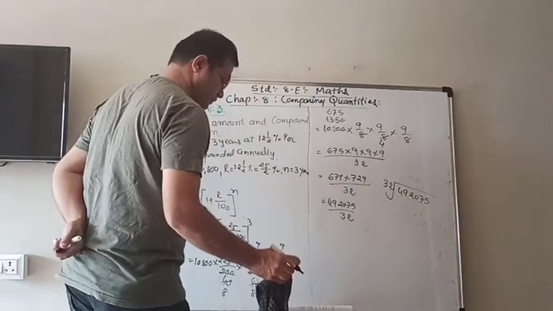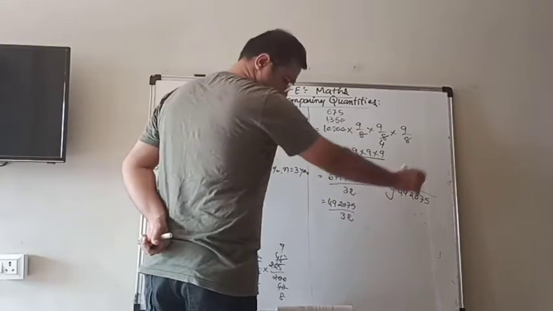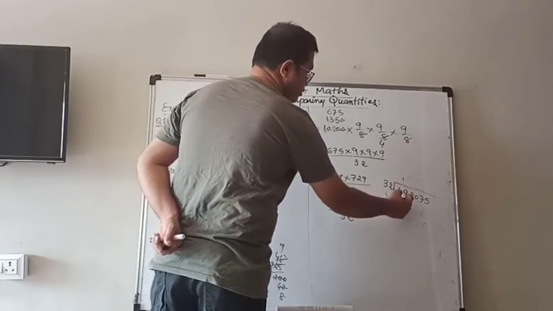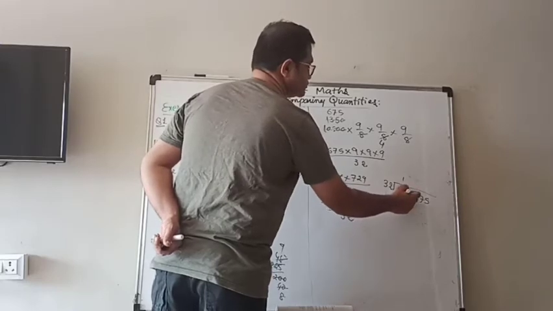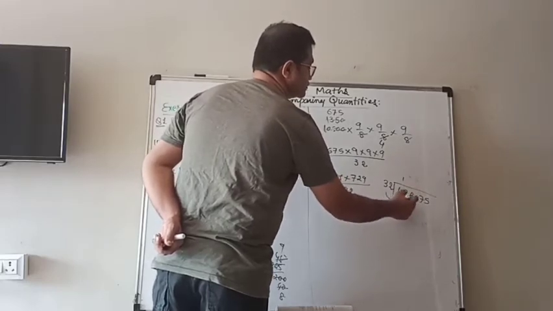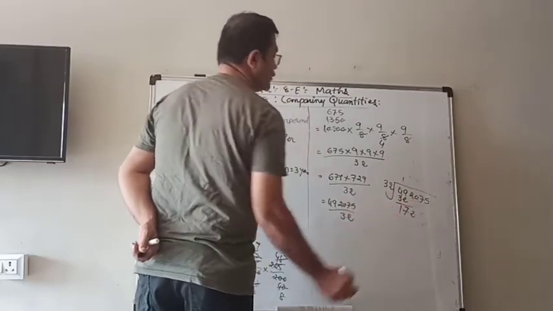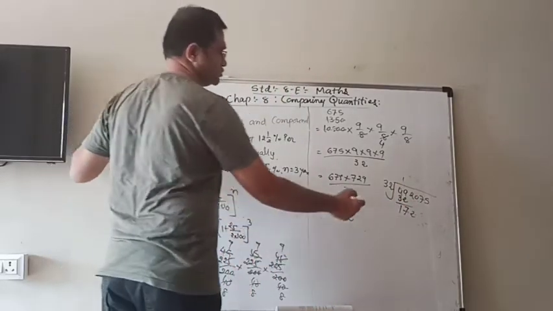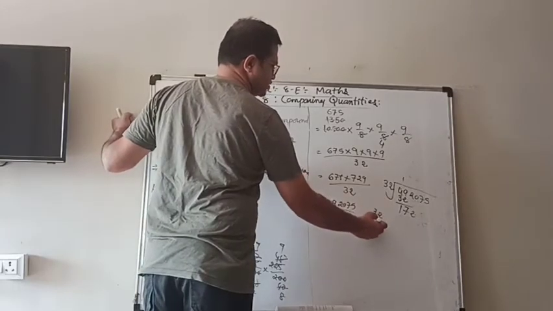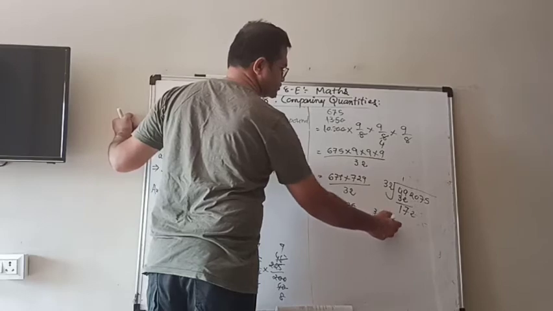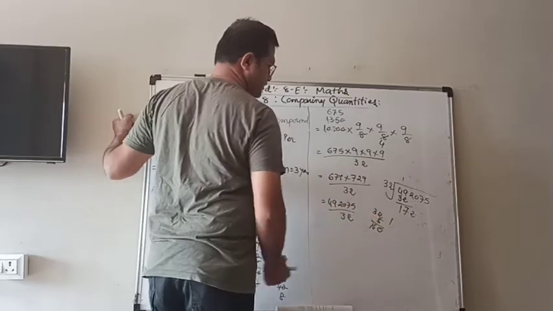So now the division. 32 ones are 32. So now 172. So now 32 fives are 160.